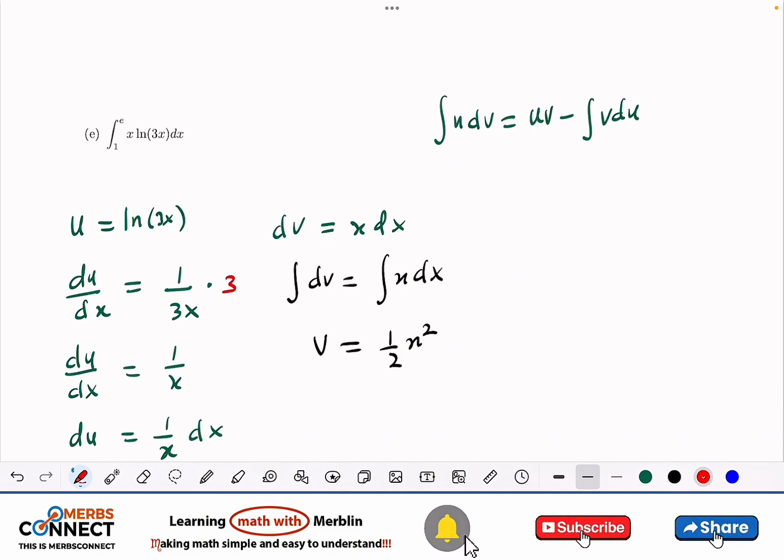Now we know that when it involves an exponential function, the best way is to choose your dv to be equal to the exponential function dx. And when it involves the natural log function, the best way is to choose u to be equal to the natural log function. We have different functions and how you choose your dv and you choose your u.